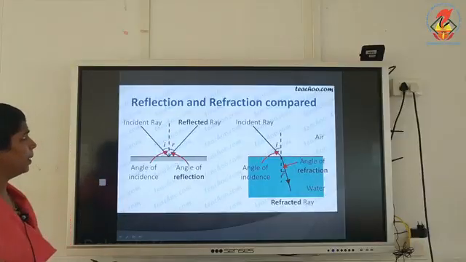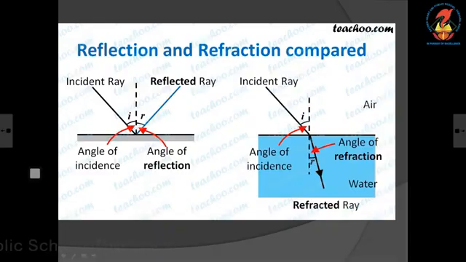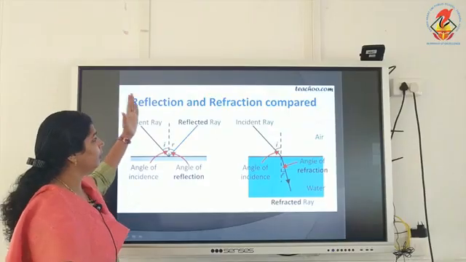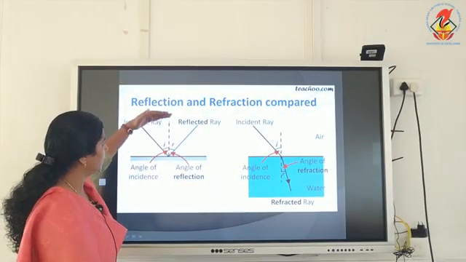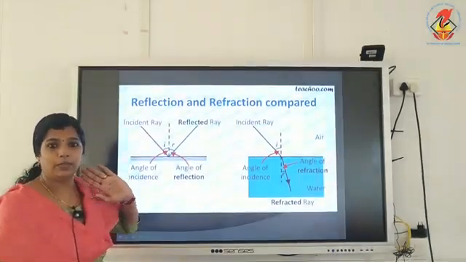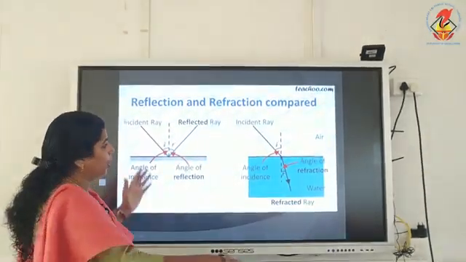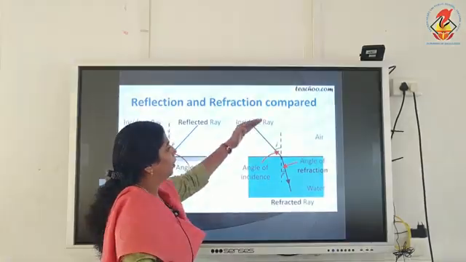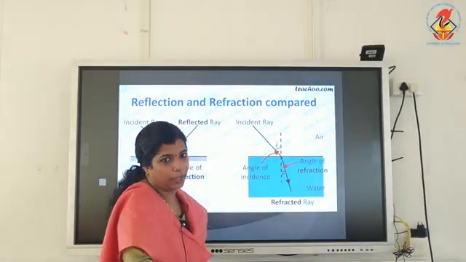Now, a comparison between reflection and refraction of light. In the case of reflection, the light will not travel through the second medium. It will be reflected back into the same medium it came from. In refraction, the light will pass through the second medium.